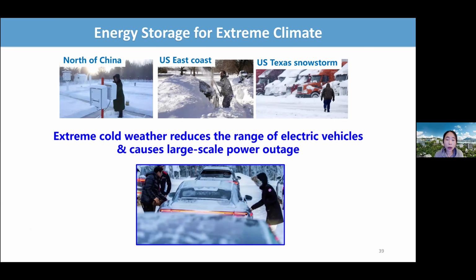The last work I want to share in the flow battery is really targeting low temperature application. So extreme cold weather reduces the range of flow battery application, and so of course also for EV, but for grid scale storage, we need to really withstand the cold.